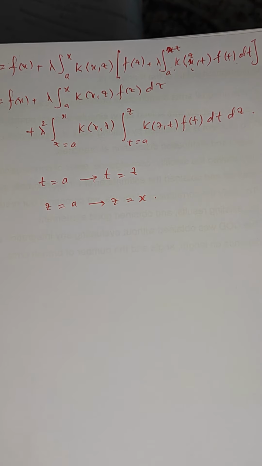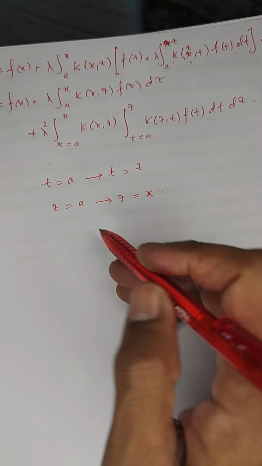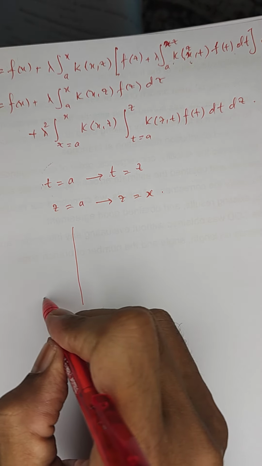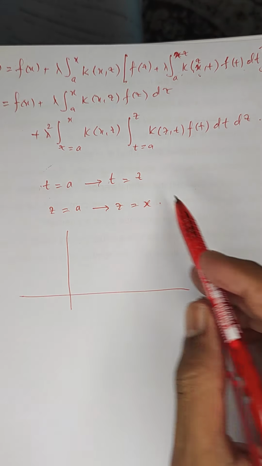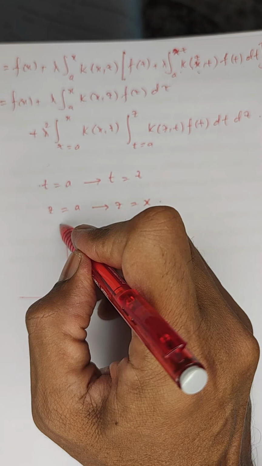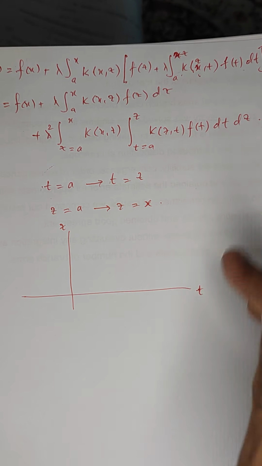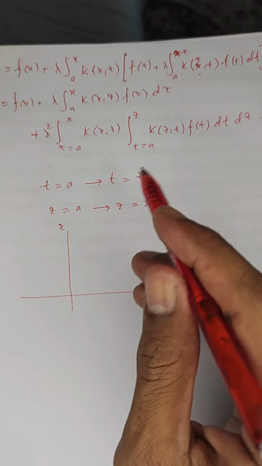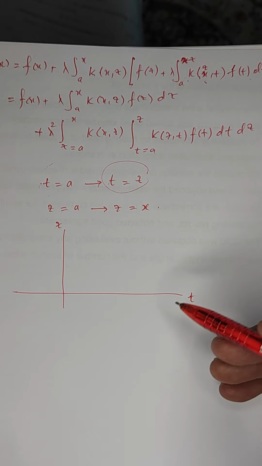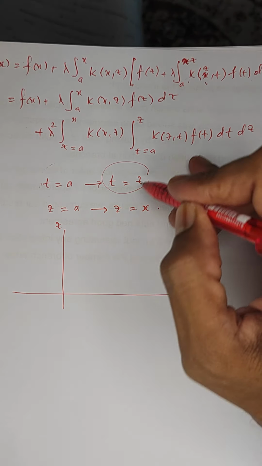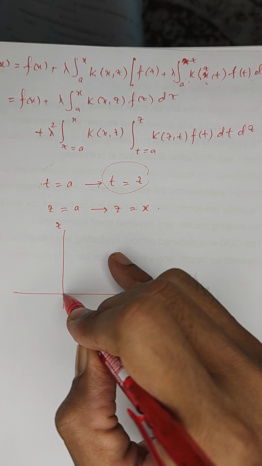If you look at that region of integration, this is our t, this is z. Integration with respect to t and z, and we have the line z equal to t.